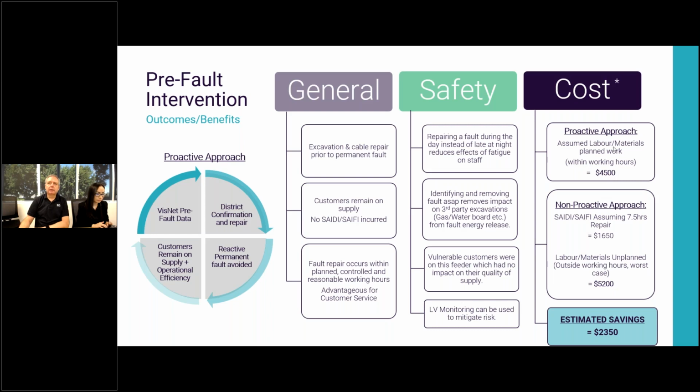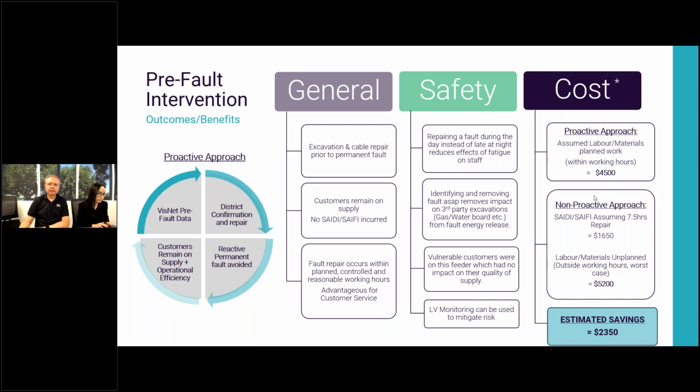So the assumed labour and materials, the planned work within working hours using standard labour rates in the UK, was about the equivalent of 4,500 Australian dollars. The worst case scenario, if it was unplanned, would be maybe about 5,200. So maybe you've got about a $700 saving for proactively going after that.